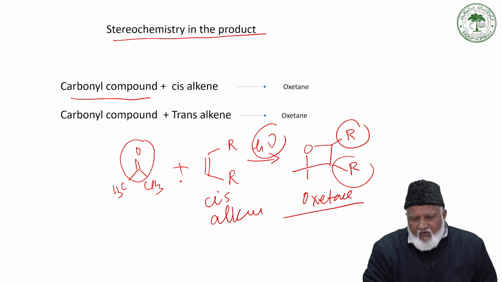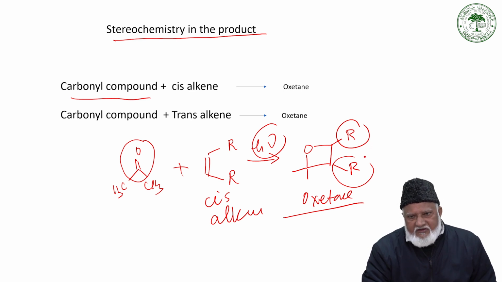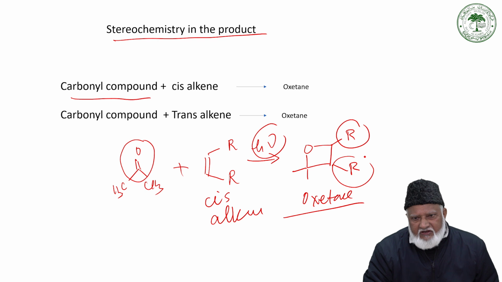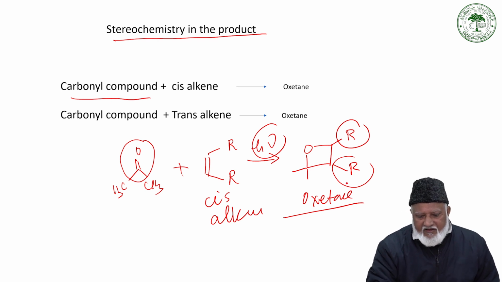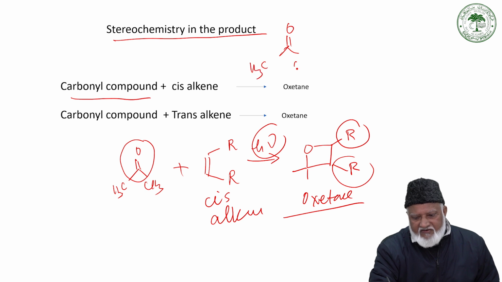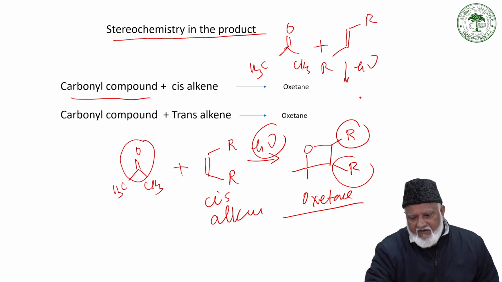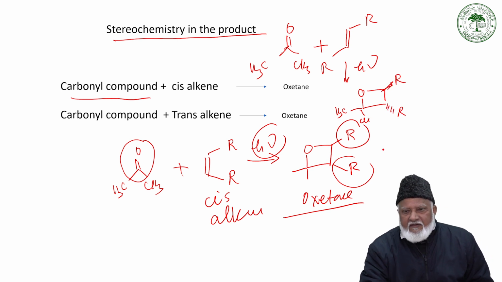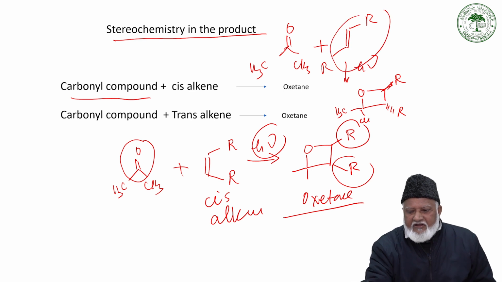So the stereochemistry is an extremely important aspect to discuss here. If we start with a trans alkene instead of cis, for example a trans alkene plus CH3 under photolytic conditions, is the stereochemistry going to be retained in the product?